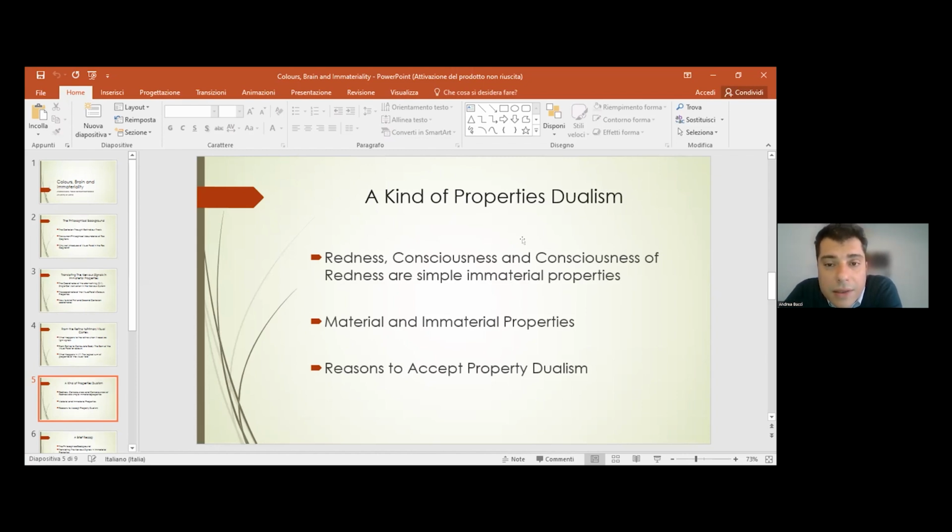Consciousness or redness is not something hard to comprehend, hard to understand, because it is a simple immaterial property, a property like the redness of a chair, the redness of a shirt, and redness as a property of a perception or experience.